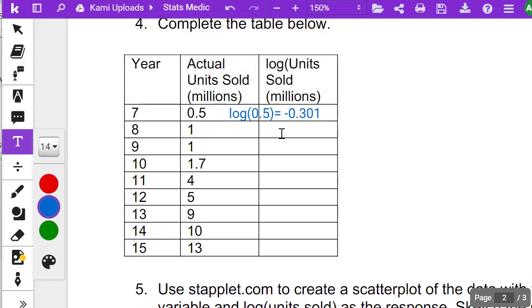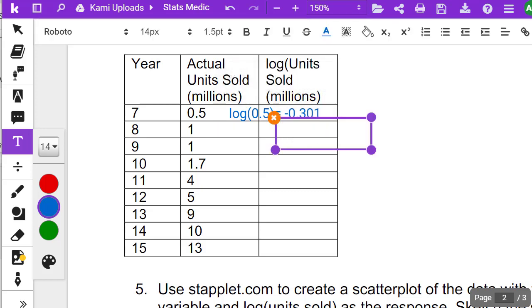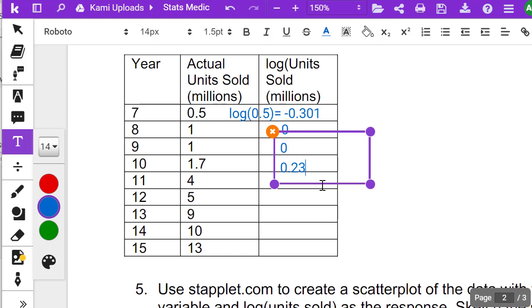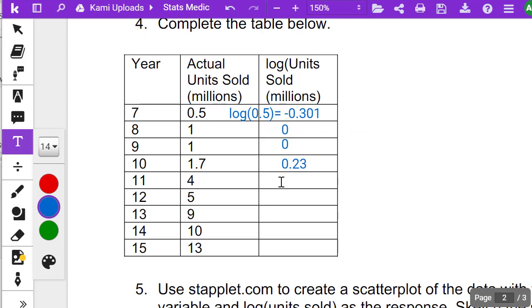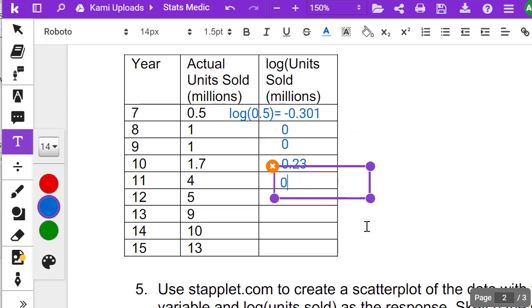Yes. All right. And then I can take the log of the rest of the numbers. Log of 1, if you go to your calculator and punch in log of 1, it's 0. And then we also have 0 here. Log of 1.7, 0.23. Then we have log of 4 is 0.60.